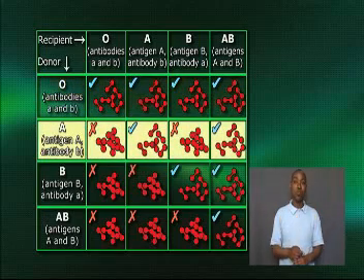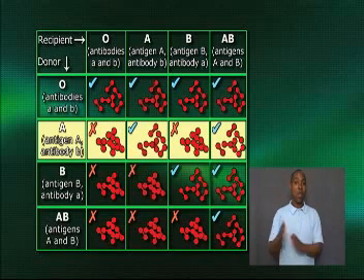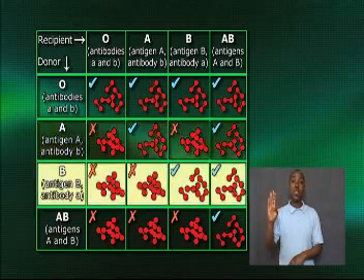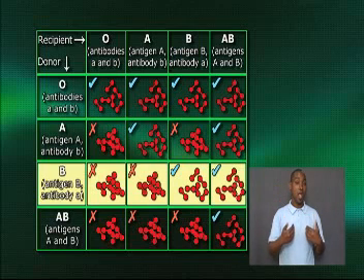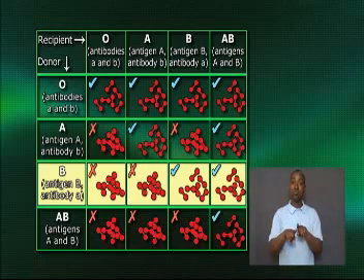Type A has a B antibody, so it can only mix with other type A blood and type AB blood. Type B has an A antibody, so it can only mix with other type B blood and type AB blood.